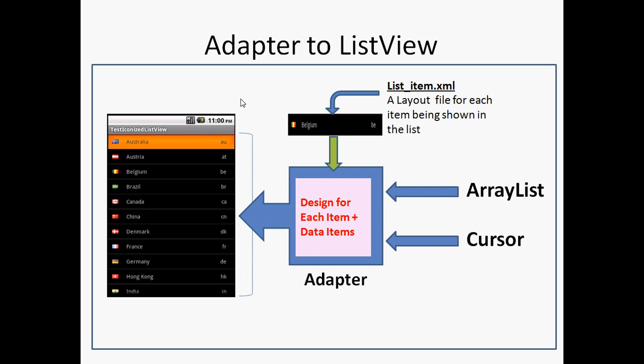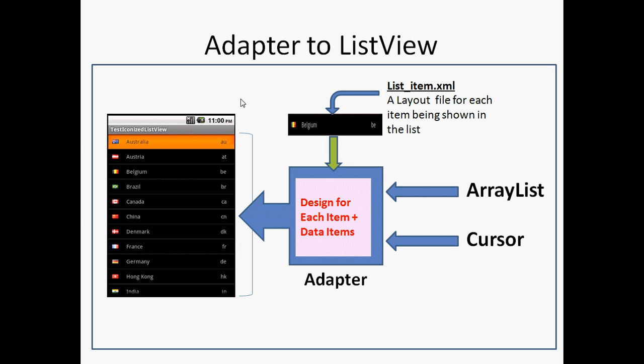Now we will look at how to provide data to the list view. Here the adapter class is used to provide data items or information to your list view. You can consider that the list view is the front end of the data, and in the backend the adapter is providing data to this list view.